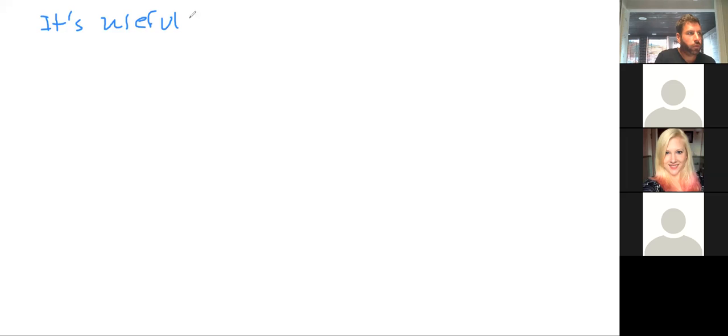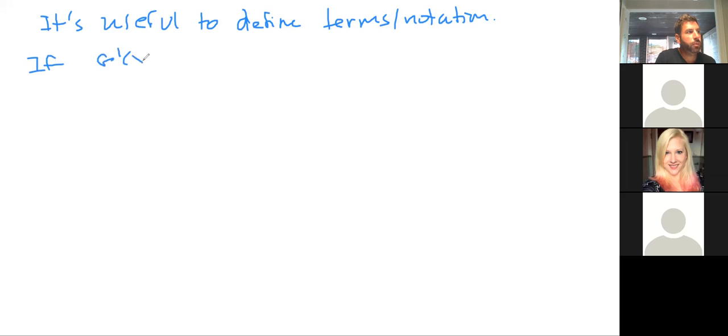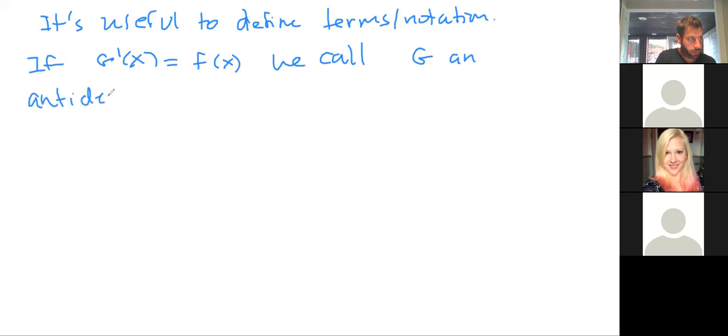All right, so here we go. Here's what's useful. It's useful to define new terms and notation. So if g prime of x equals f of x, we call g an antiderivative, anti for opposite, of f.